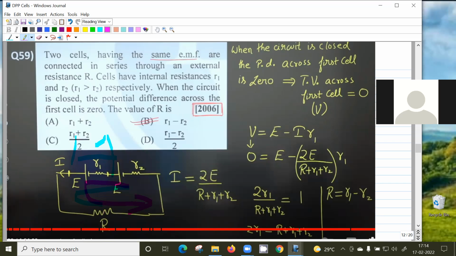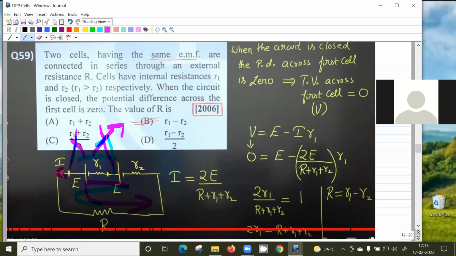The circuit diagram is clear. Two cells, internal resistance R1 and R2, and the EMFs are the same, E. Okay, so the drop from this point to this point is the cell EMF E, plus here there will be a voltage rise across R1 because current is flowing this way.